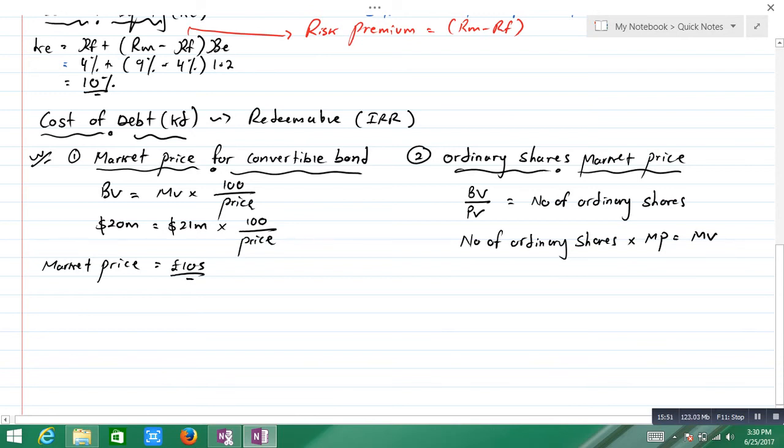So we reverse this formula, market value divided by number of ordinary shares, to get the market price. First we calculate the number of ordinary shares.